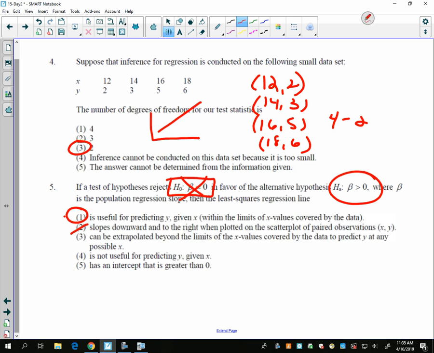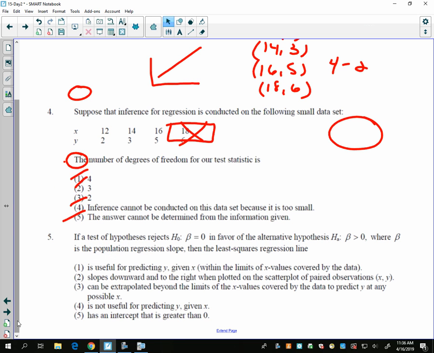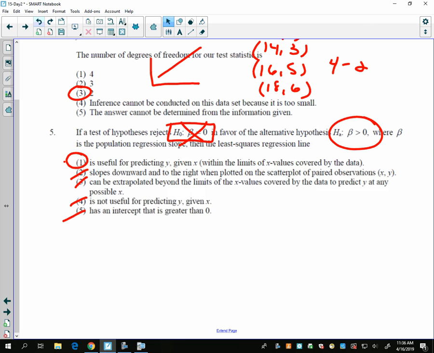What do we remember about extrapolation? Extrapolation is bad, so this would not be good. Is not useful for predicting y given x? No, it is, because you reject the null. Has an intercept that is greater than 0? We don't really know that based on the information. Okay, let's keep going.